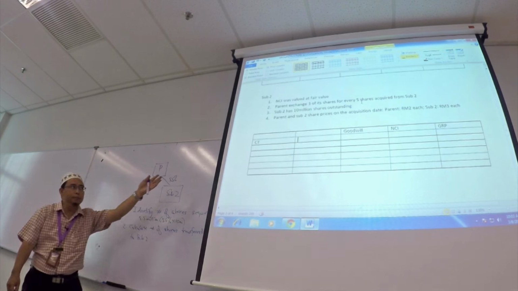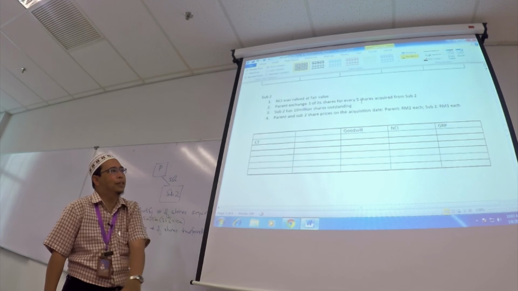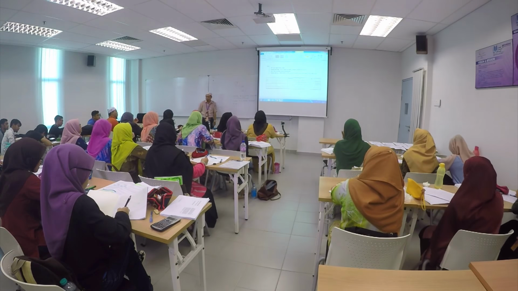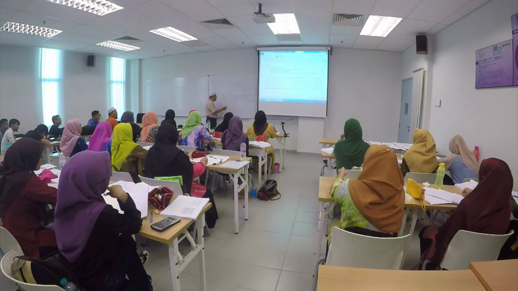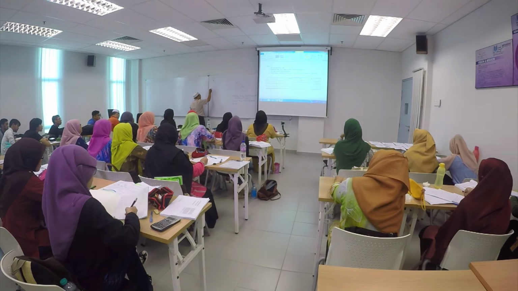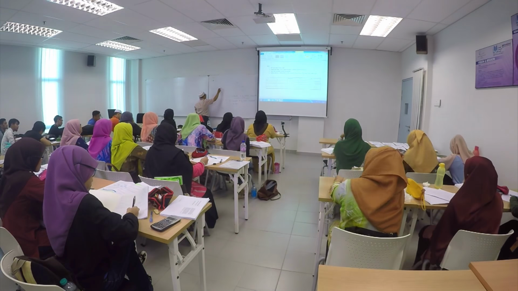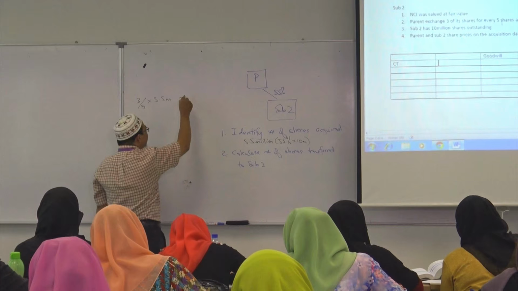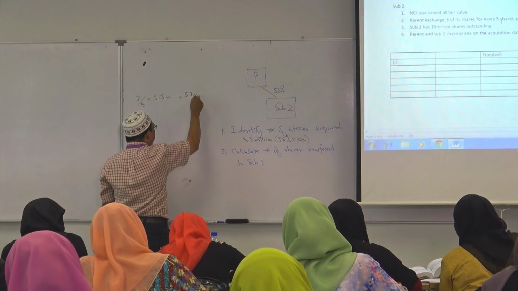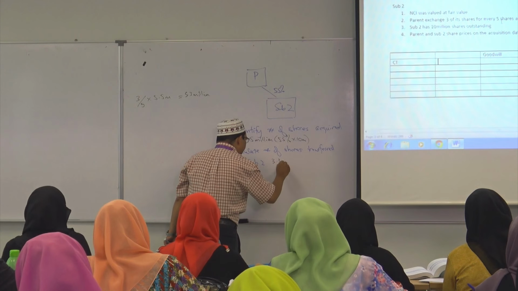So if you have this term, 3 shares for every 5 shares acquired, the mathematics will be 3 over 5 times 5.5 million. So the answer is 3.3 million.